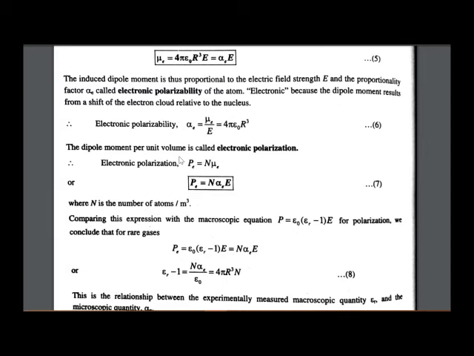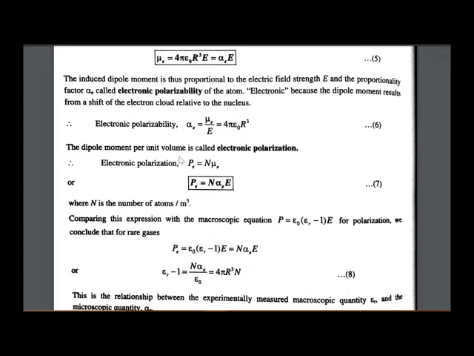That term is alpha e. The induced dipole moment is thus proportional to the electric field strength E, and the proportionality factor alpha e is called the electronic polarizability of the atom. Electronic, because the dipole moment results from a shift of the electron cloud relative to the nucleus.